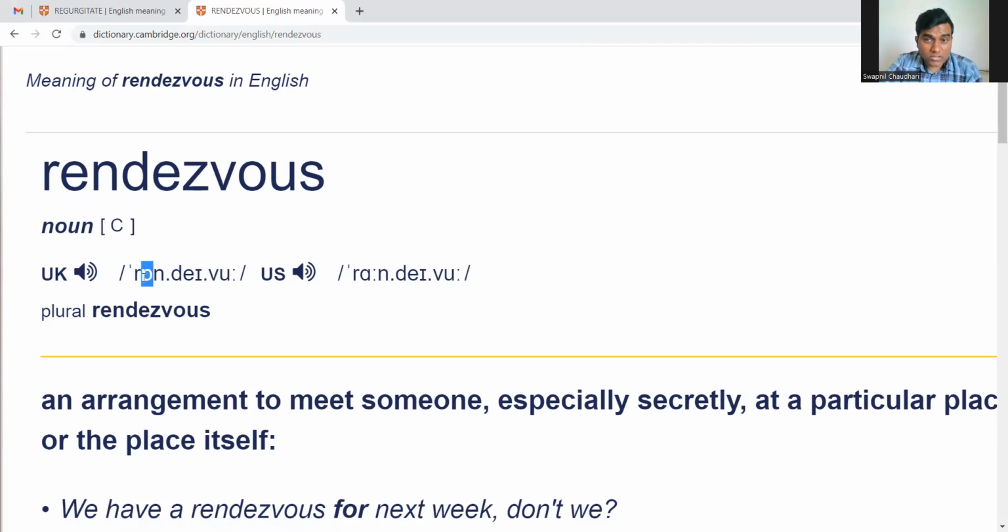This is the O sound we studied and the N sound. Then you can see D, and then this is A. We studied this diphthong. So rende, and then I have w, and I have the long oo sound. So the pronunciation of this is rendezvous.